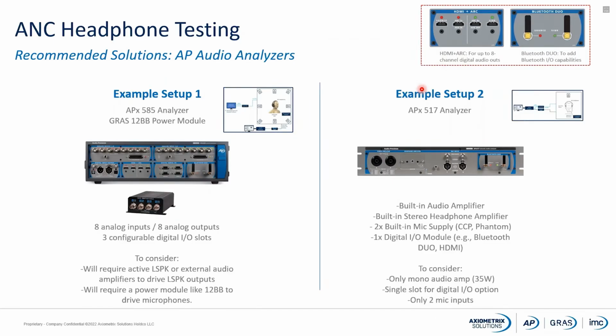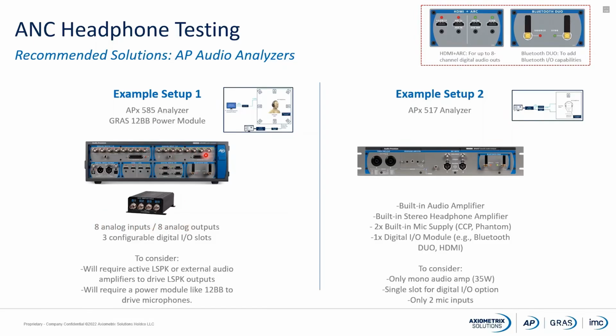When it comes to Audio Precision analyzers, we have different recommendations of what you could use. If you would like to recreate the setup mentioned in the ETSI standard, you could be using something like this with an APX585 analyzer that has 8 analog inputs and 8 analog outputs.